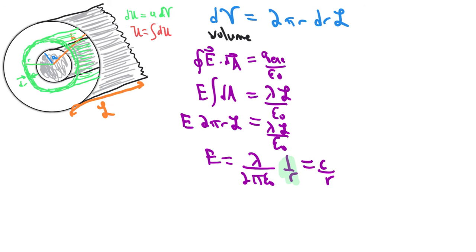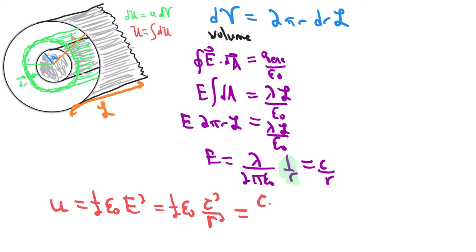But then the energy density, little u, is always 1/2 epsilon naught E squared. So that's going to be 1/2 epsilon naught C squared over R squared, which I'm going to represent as some other constant C star over R squared.